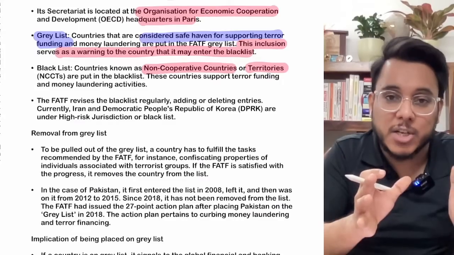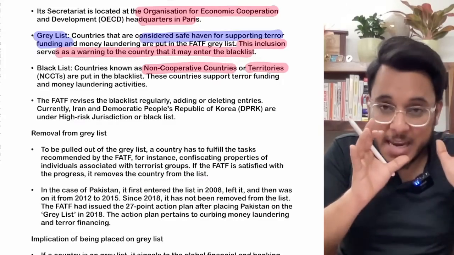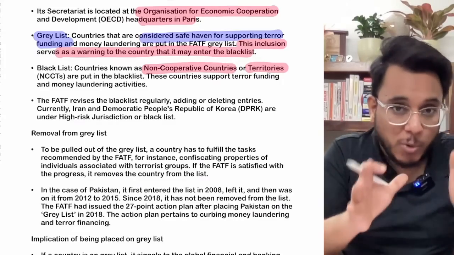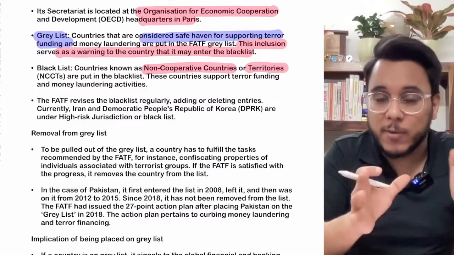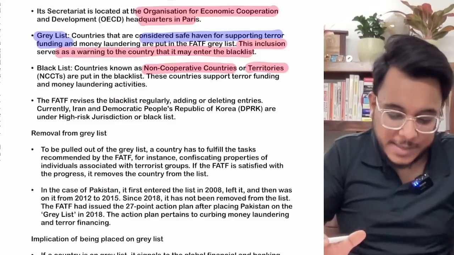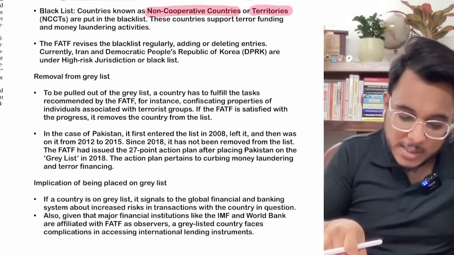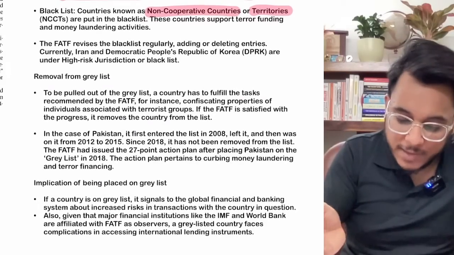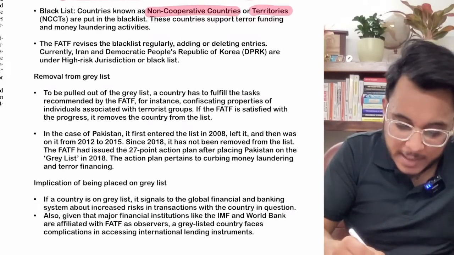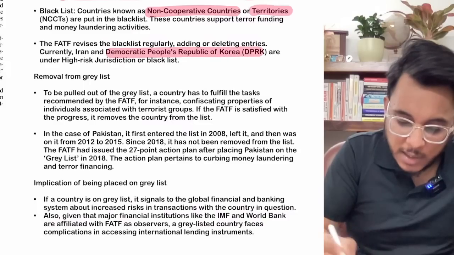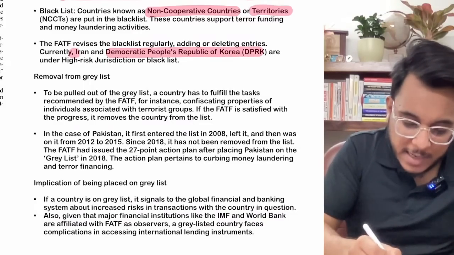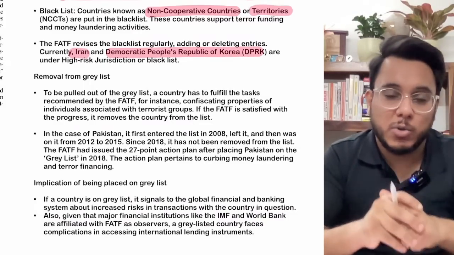The global financial institutions will be regulating or will not have full-fledged interactions with such countries. When we talk about the FATF blacklist countries, in this list we have countries such as the Democratic People's Republic of Korea, fine. We have Iran. Okay, these are the countries in the blacklist.